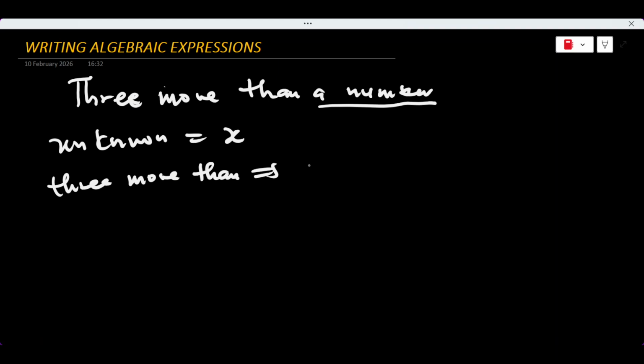And 3 more means plus 3. Sometimes you may hear the words greater than or the sum of. So the moment you hear these words, they all imply what? Addition or plus. So our expression will now be x plus 3.